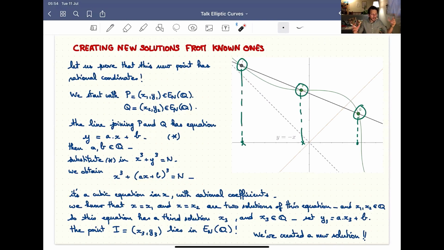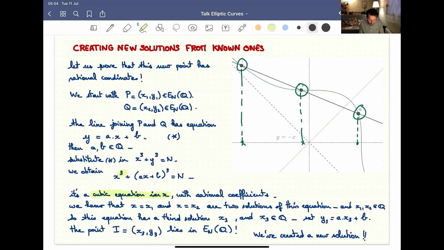Then you expand this and gather things around. I'm not going to do this, but we can make a lot of remarks about this. First of all, the equation that you get is a cubic equation in x, all right? It probably has some x cubed in there.